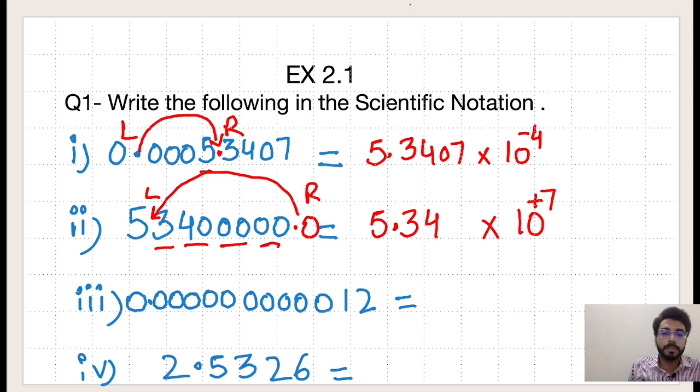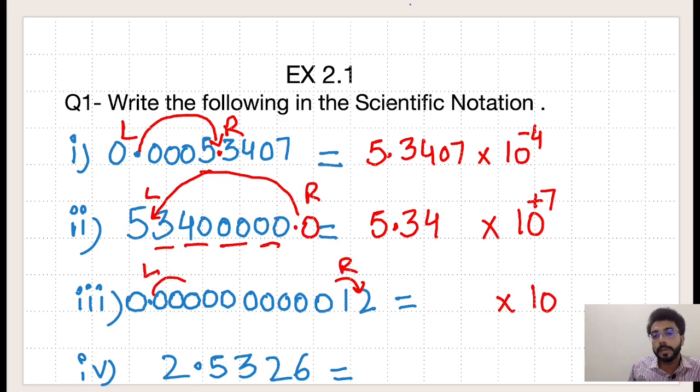In the third part, we have to move this decimal point from here to this. How many digits do we have to move? And first of all, tell me whether the exponent will be positive or negative, because we are moving from left to right.